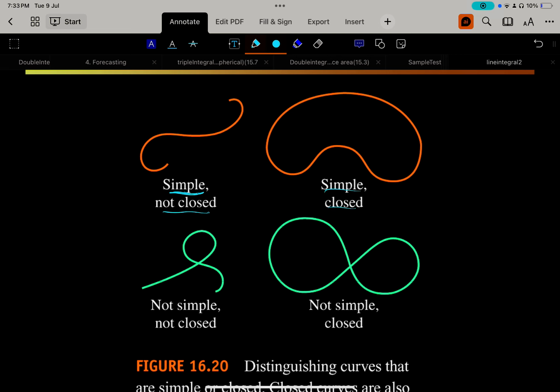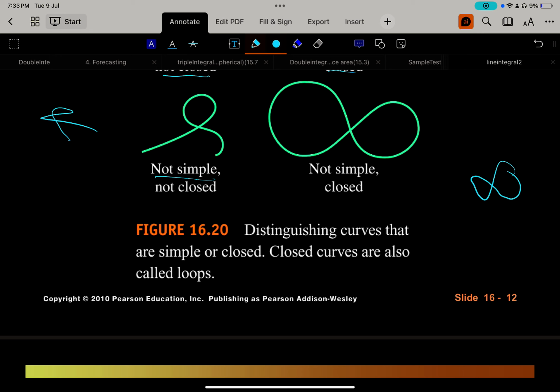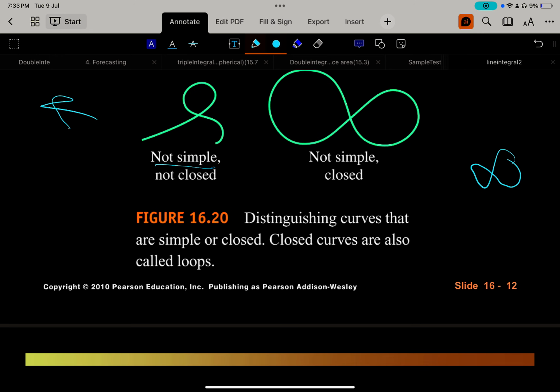The simple curves are regular curves that don't intersect themselves, something like this. However, curves that are not simple, or complex curves, can intersect themselves, like this. These are some examples of not simple curves. And closed curves can also be loops.